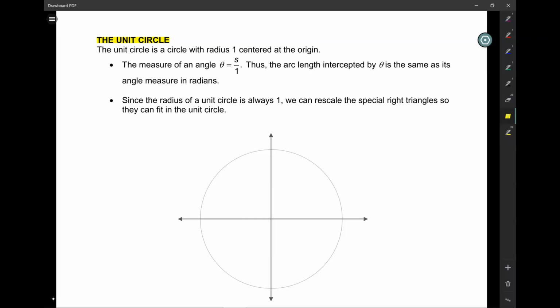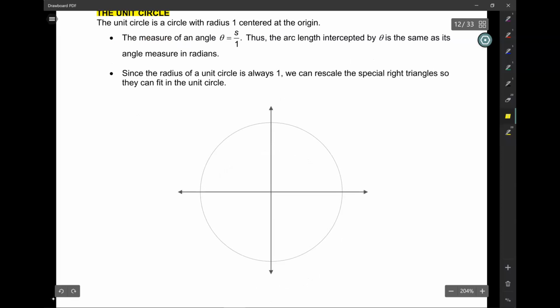Hopefully after we're done with this lesson and a couple more lessons in this chapter, we're going to be able to evaluate trig functions without any aids, without any unit circle, without any of those charts that I see students drawing all the time. We're going to throw all of those out because we're just going to know how to do them. That's the expectation, so that's where we're heading towards.